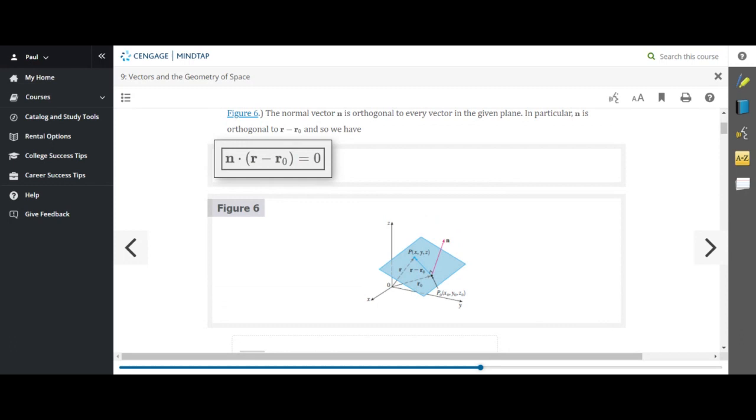Let me just show you this on the whiteboard. If you have this dot product equal to 0, remember the dot product is distributive, with the rules for the dot product back in section 9.3.